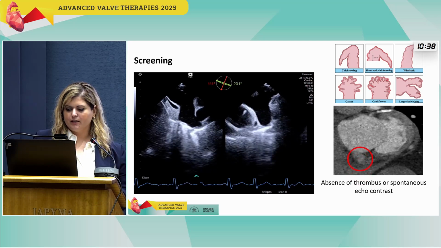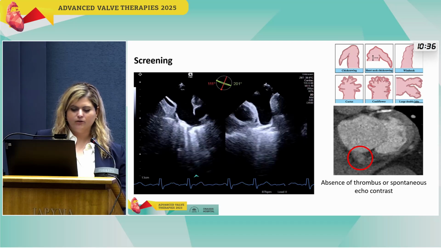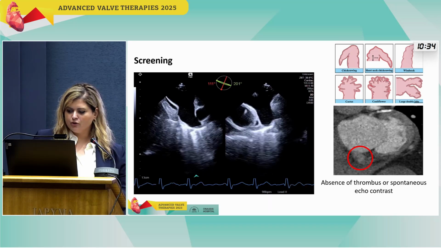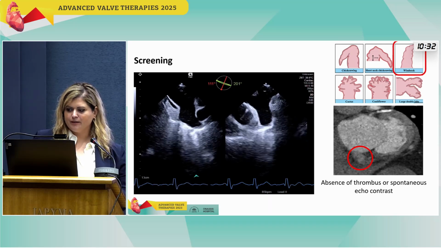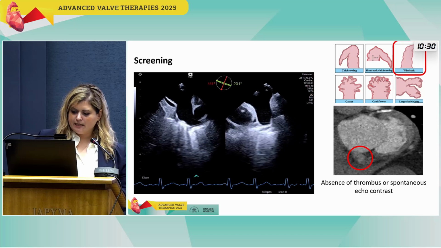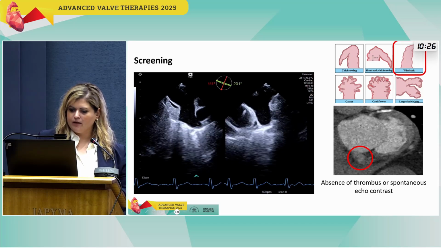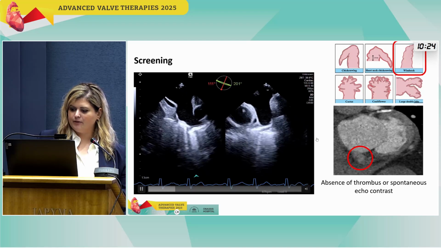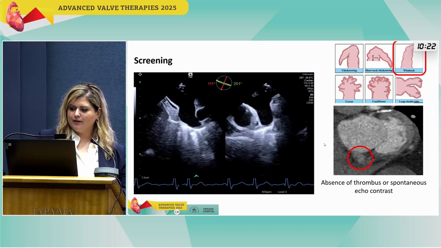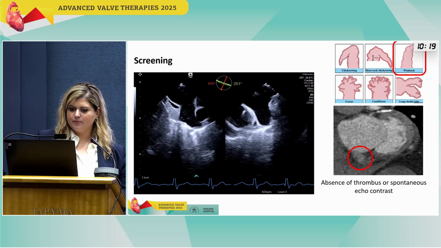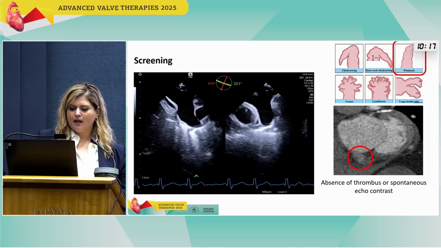One way of screening, we could do a CT scan in order to see what the morphology of the left atrial appendage is, as we can see in this picture. And of course in the TOE, which I'm coming to next, we have a windsock-shaped LAA.